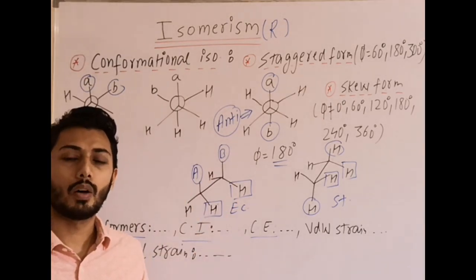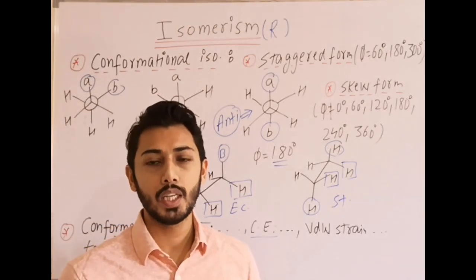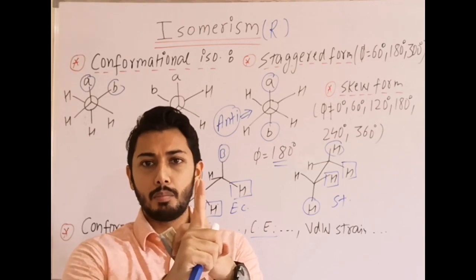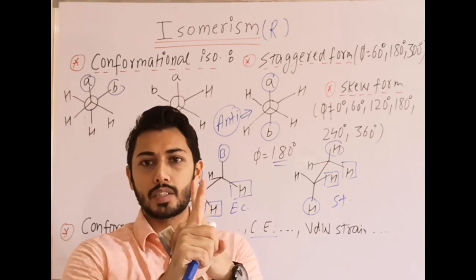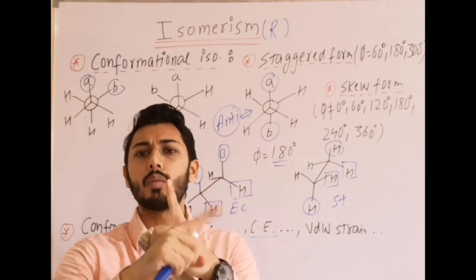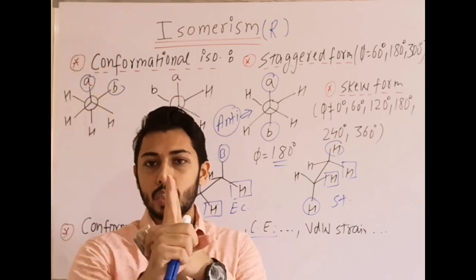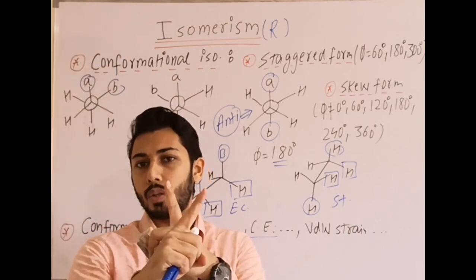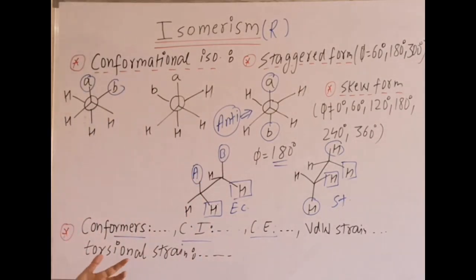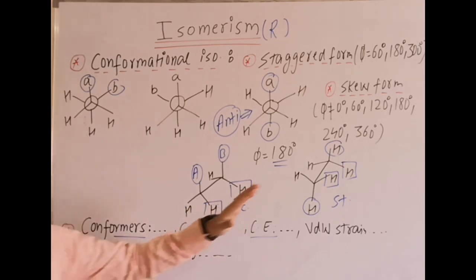This strain or this force of repulsion is termed as torsional strain, right? So when the groups are exactly in front of each other, their bond pair electrons are repelling to the maximum. When we rotate it by 60 degree or by other degrees in staggered form, it minimizes. Why? Because bond pair electrons are not exactly in front of each other. Therefore, the torsional strain is maximum in eclipsed forms and minimum in staggered form.